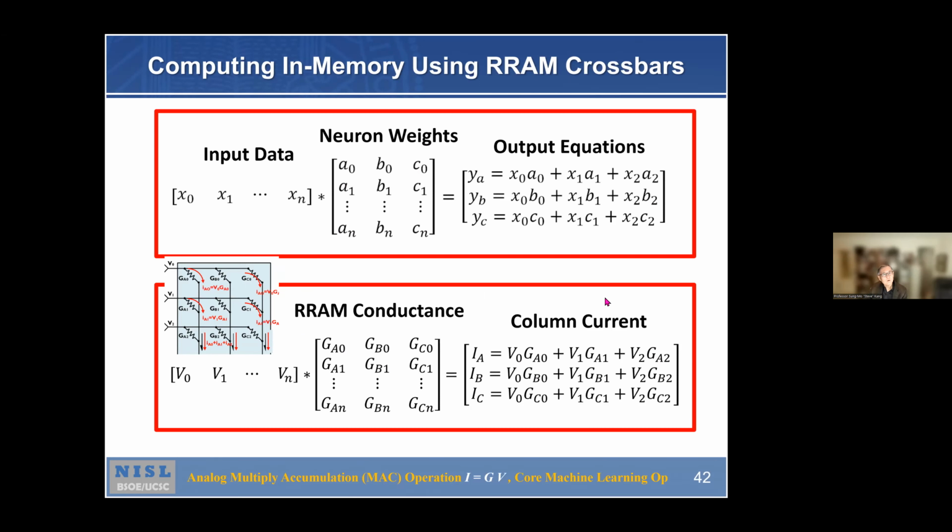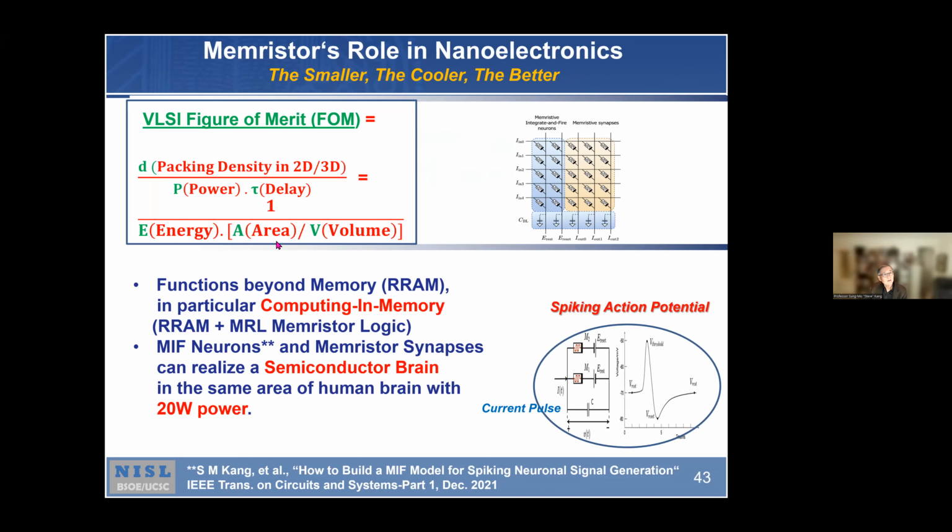So that's analog computation. And we indicated that if you have this sort of array, you can realize it very, very compactly because it's a nanostructure. So density will be very high, right? Here the area is very small, so the figure of merit goes up.